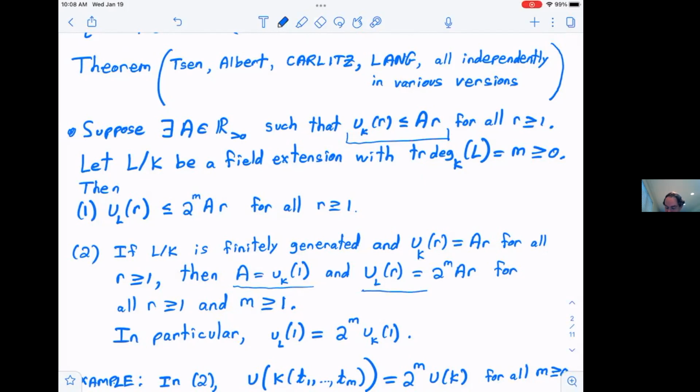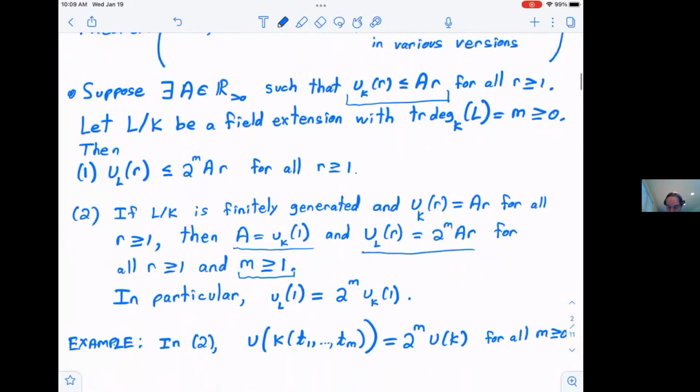And we actually have equality here. U sub L of R equals 2 to the M times AR. This is for all R greater than or equal to 1 and all M greater than or equal to 1. And I'll just say right here, that's not a typo. I deliberately left out M equals 0 because in the algebraic case, you can't be quite that precise. So in particular, U sub L of 1, that would be just the U invariant for one quadratic form, is equal to 2 to the M times the U invariant of K.